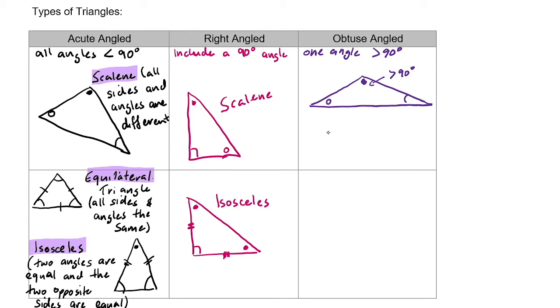Okay, and that's our scalene again. And then we can still have an isosceles, which looks very similar to the scalene I've just drawn. I should have probably drawn my scalene a little bit different. That's okay. Markings will make it look right. There we go, there's our isosceles obtuse angled triangle.